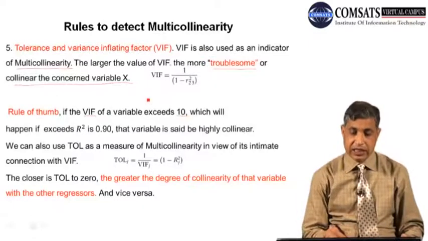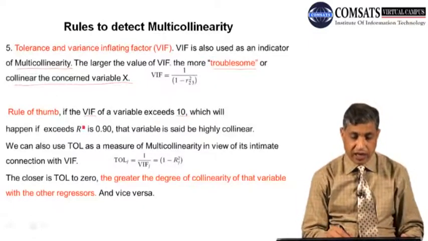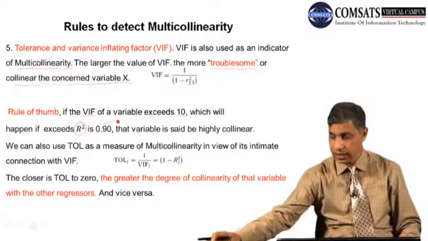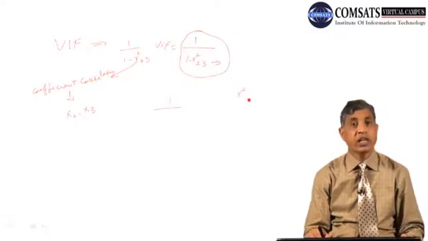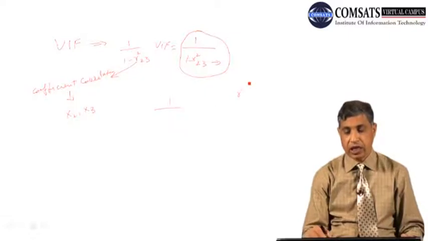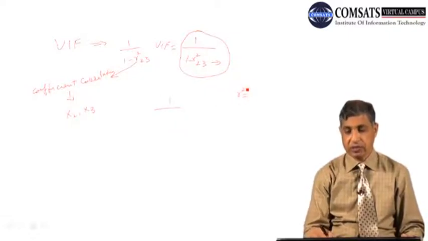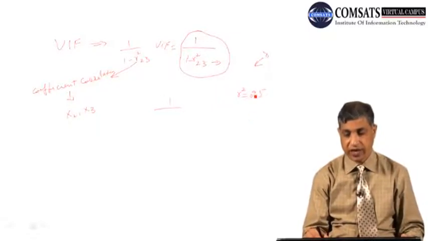And it will exceed 10 when the r square is 0.90. Look at here. For this 1 over, I say that the r square, that is the coefficient of determination, for example is 95% or 0.95.